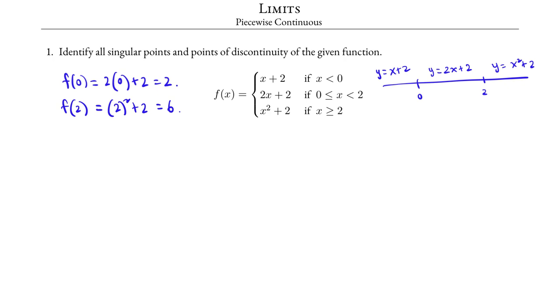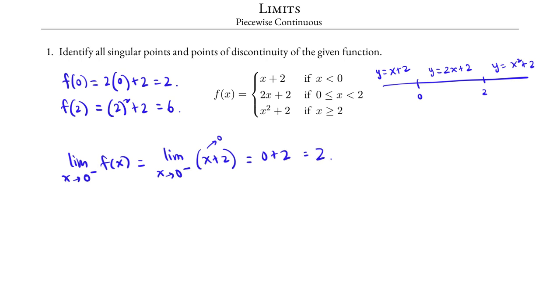We then determine the limit at each of these breakpoints. The limit as x goes to 0 from the left-hand side of f of x: on the left-hand side, we would need to use the formula x plus 2. As x goes to 0, this is 0 plus 2, or 2.